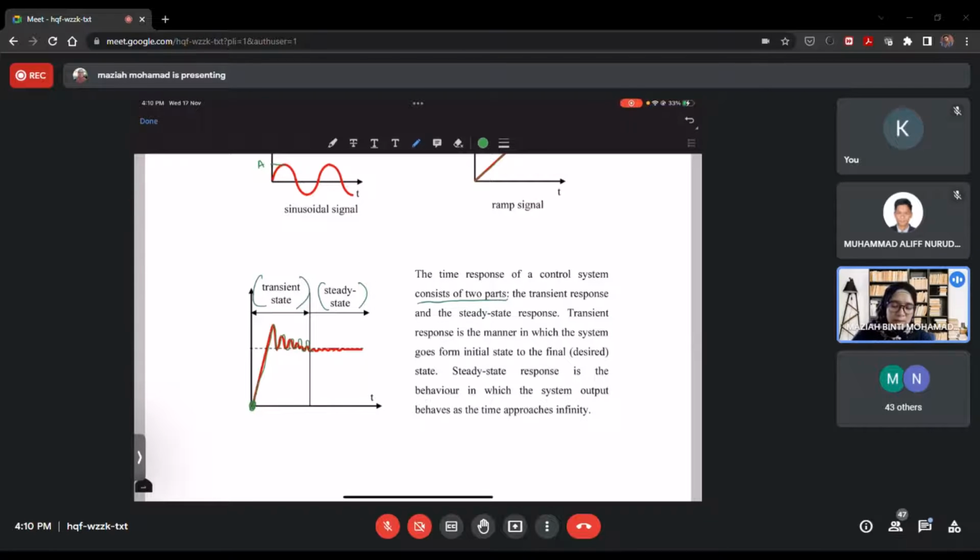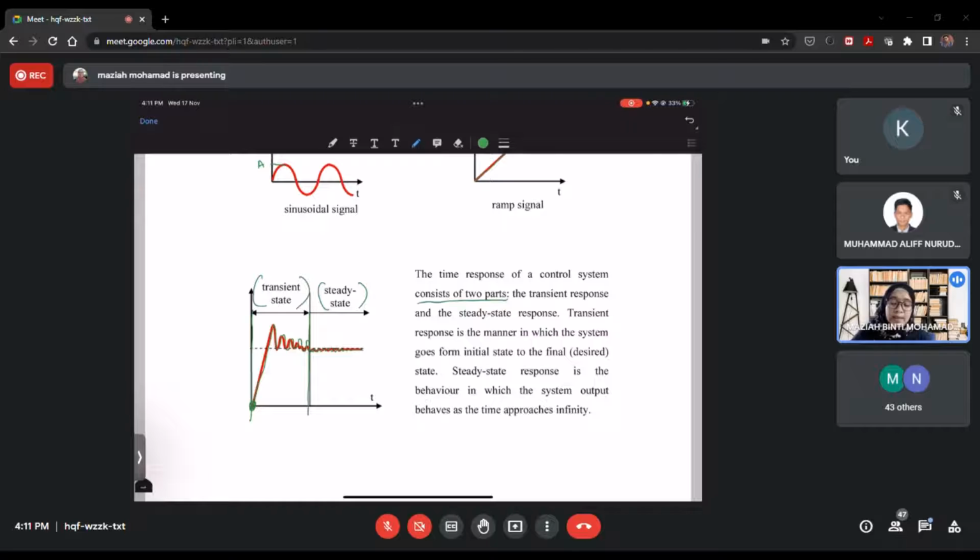Here you can see that the output is not changing very much. It still has some small changes, but they are very small, so it is considered to have reached the final value. You can see the response is steady, right? This part here is what we call transient, dynamic.